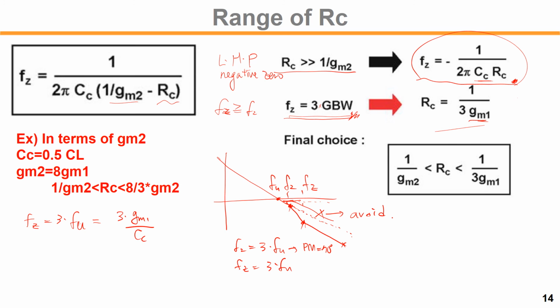So this equation and the above equation, the zero location is 1 over 2 pi CC times (1 over GM2 minus RC). So CC and 2 pi cancel out, so what we have is 3 times GM1 times (1 over GM2 minus RC) equal to 1. So RC is what?